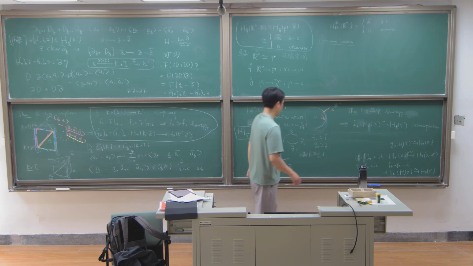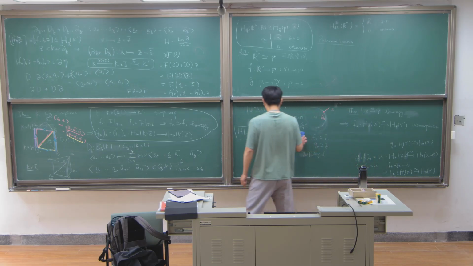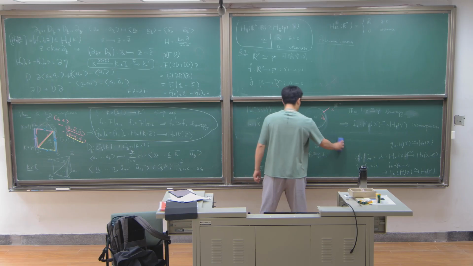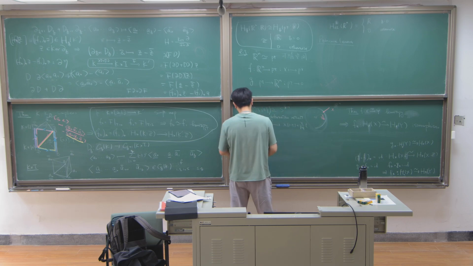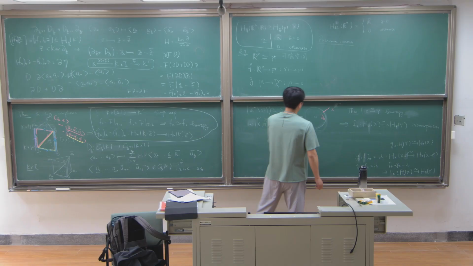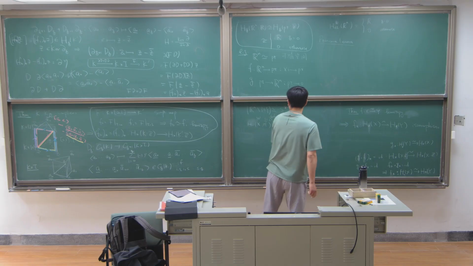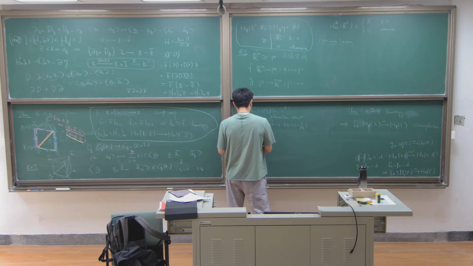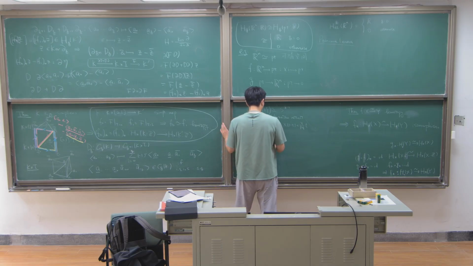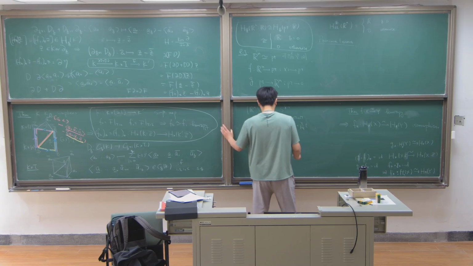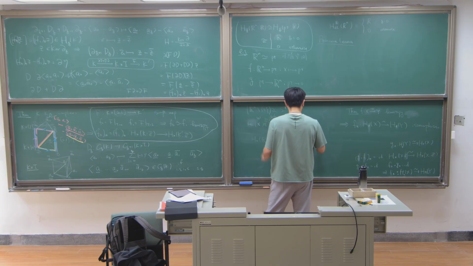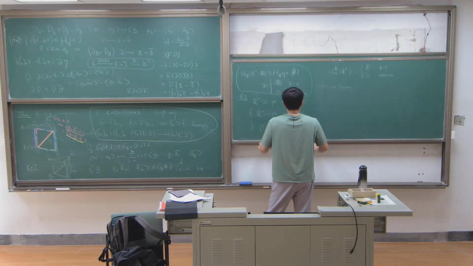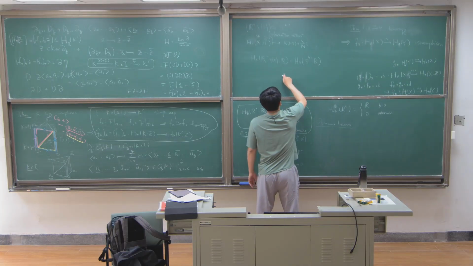So what does it mean about H star of Rn of 0 is safe? And what's this?